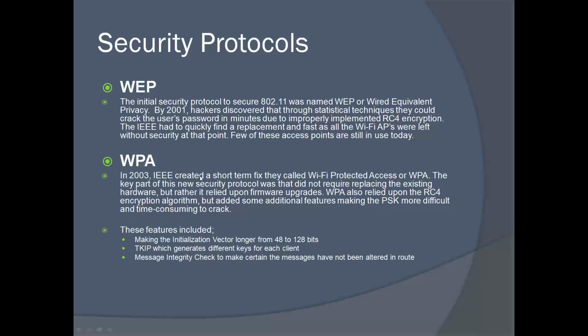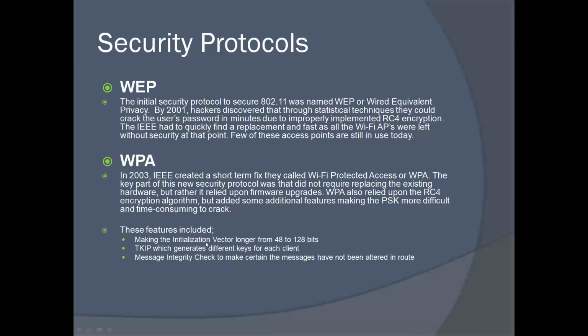One of the limitations of the first APs is that they had relatively weak chips in them. So we couldn't put in a stronger encryption algorithm, but we could put features into the encryption that made it more difficult and time-consuming to crack.